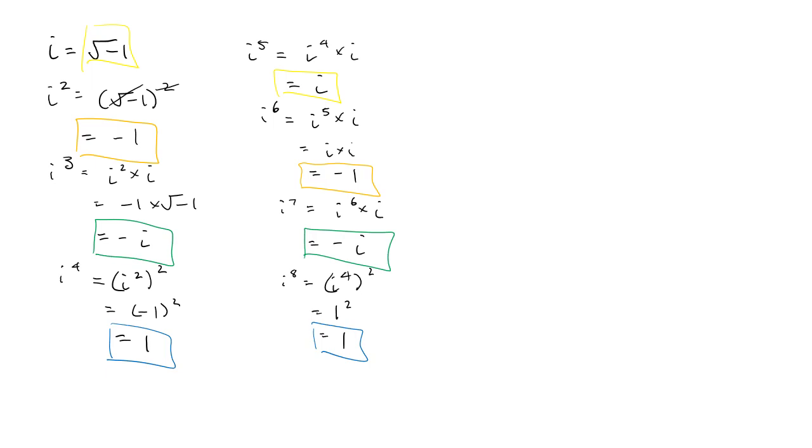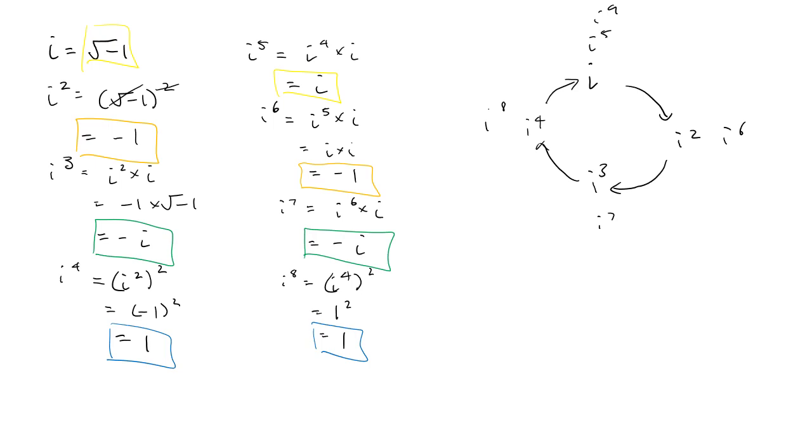So it basically goes from i, then to i squared, to i to the power of 3, to i to the power of 4, and back to i. And if the circle were to go on forever, that would be i to the 5, i to the 6, i to the 7, i to the 8, i to the 9th, and so on.